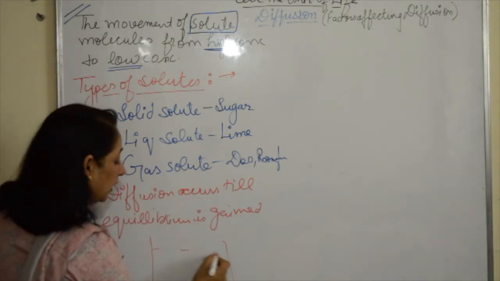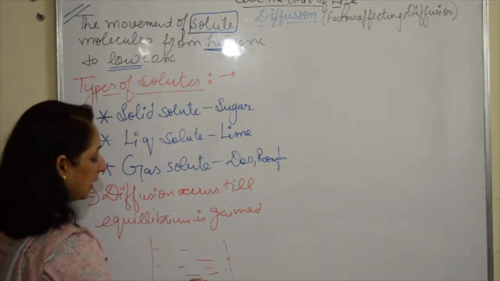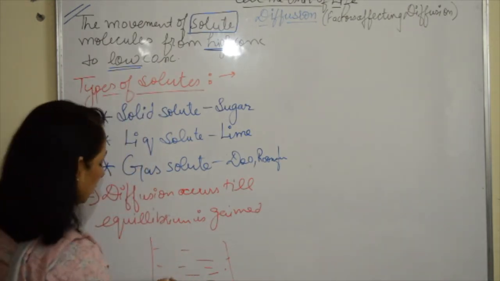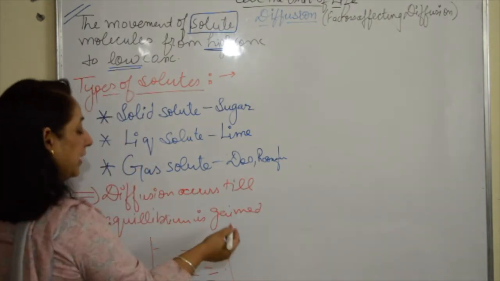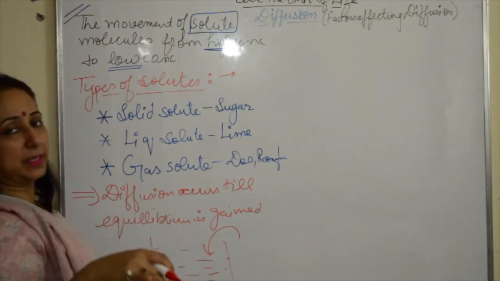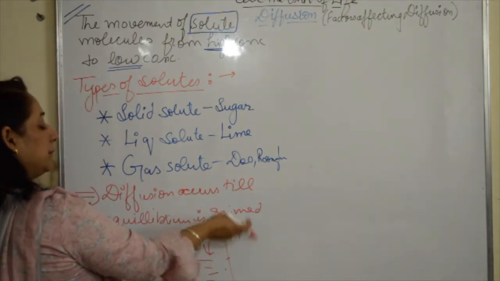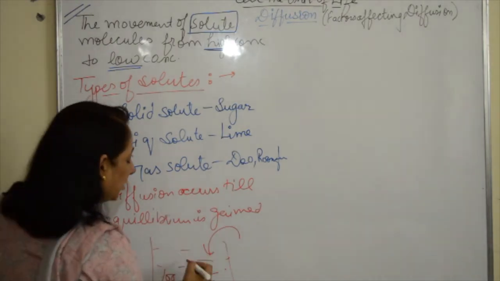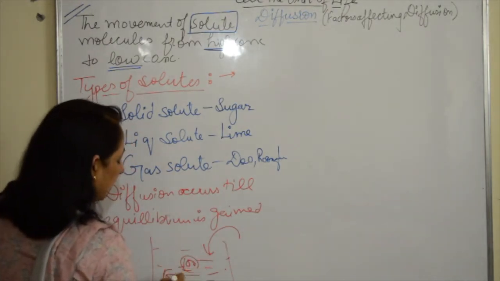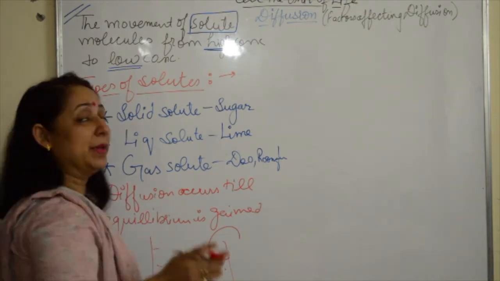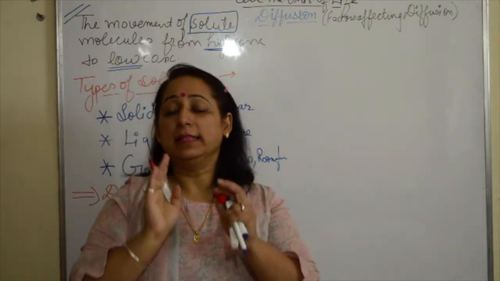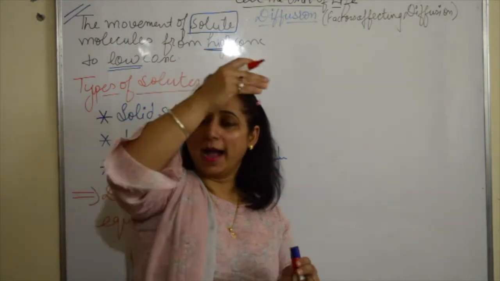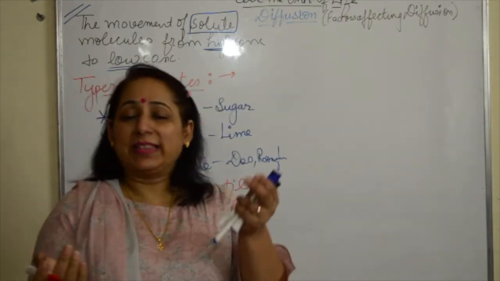So suppose this is a glass of water and it has maybe 100 molecules. Fine. And when you pour in something and it is mixed into it, until the molecules or whatever is added, both of them become equal, diffusion keeps on taking place. It occurs from high to low concentration, till it's matched.